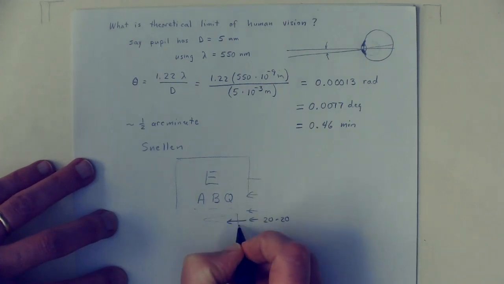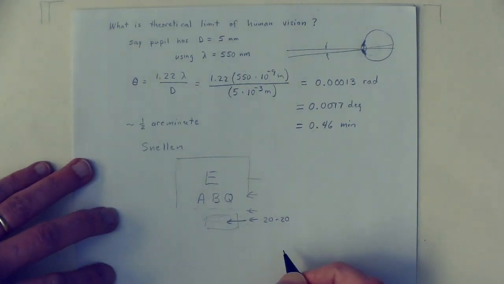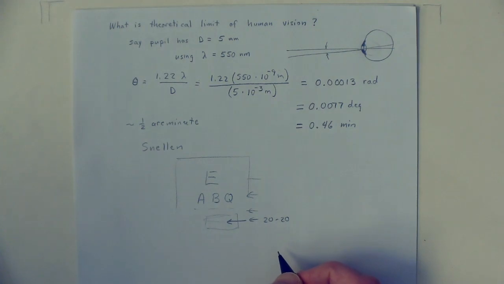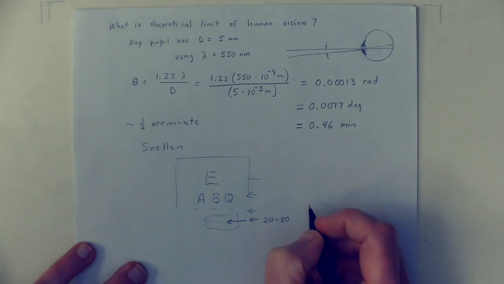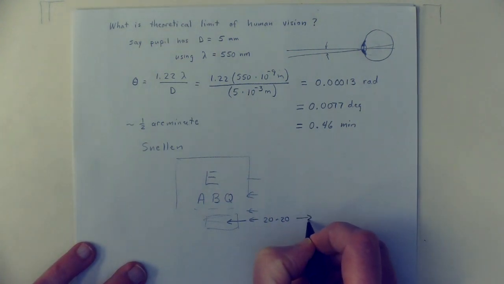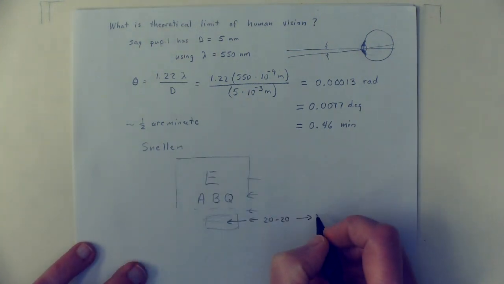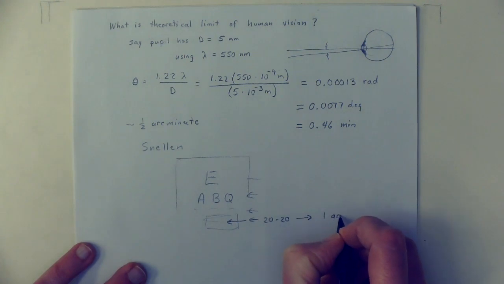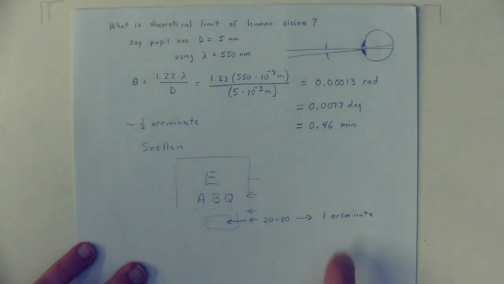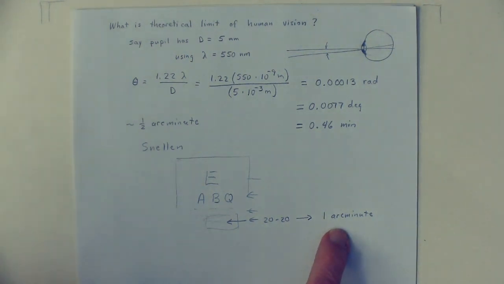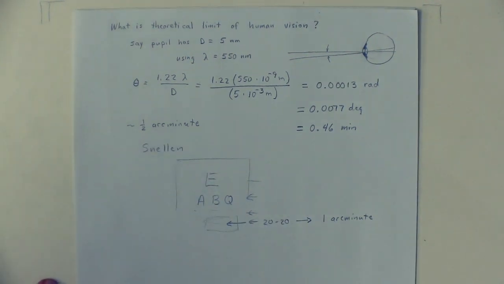And that 20/20 line is supposed to be perfect vision. At least people call it that. That's a terrible way to call it. It really should be just called good enough vision or something like that. That line corresponds to a resolution of about 1 arc minute. And so you'd think, oh, well, we must not really have that good a vision. We could be a factor of 2 better than that.